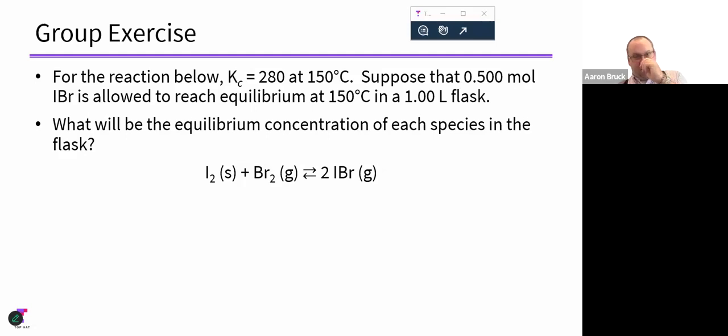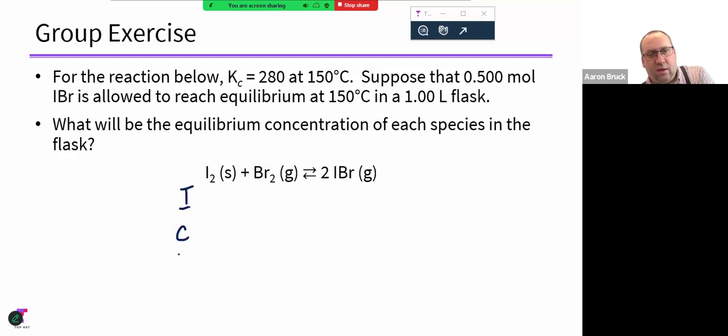So first thing that you should notice, if we're making our ICE table here, iodine is a solid. So in our expression for K, it would be the concentration of IBr squared over the concentration of bromine. There would not be an iodine term because iodine is a solid.